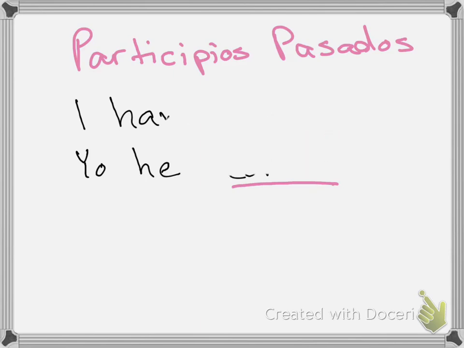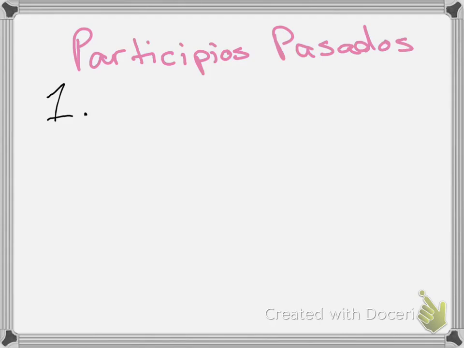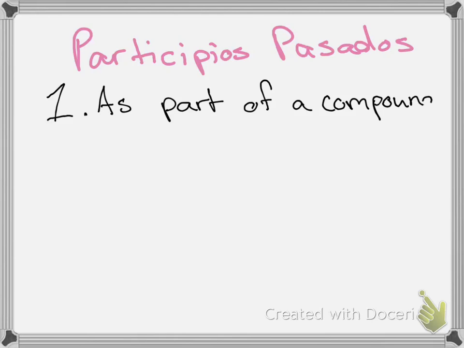So, as I just mentioned, we can use participios pasados in two different ways. The first way that we use participios pasados is as part of a compound verb. Okay, so a compound verb, or el tiempo compuesto, which we're going to be talking about in our next video, usually starts with a form of haber, okay?